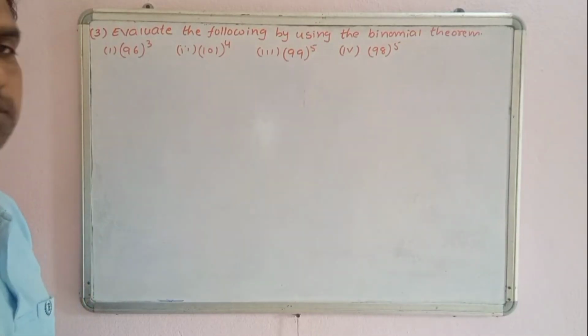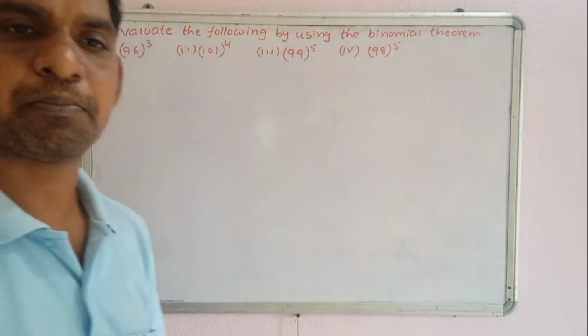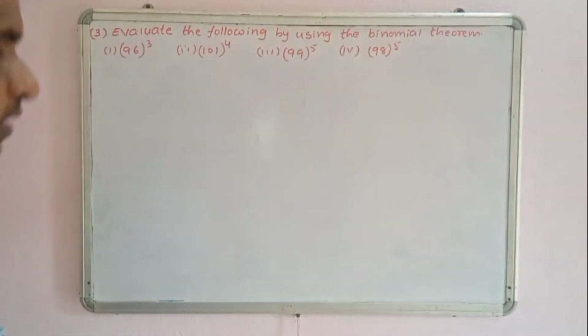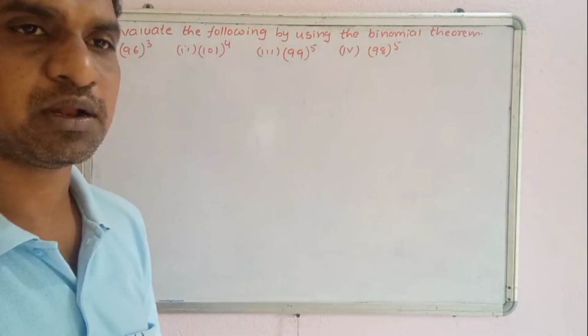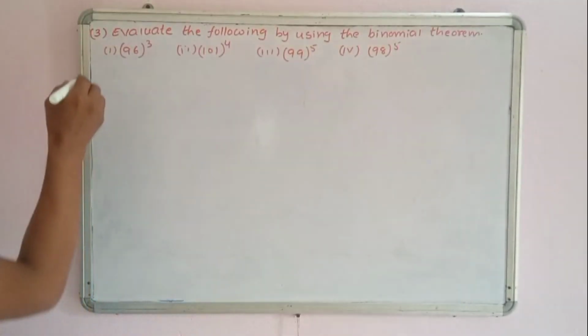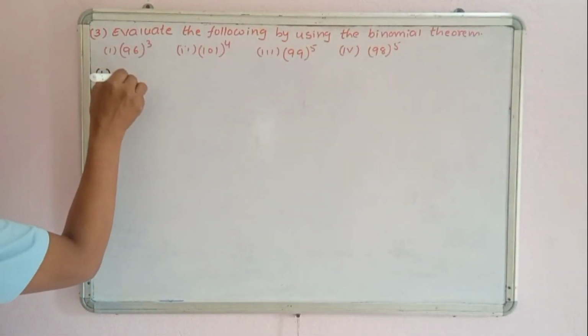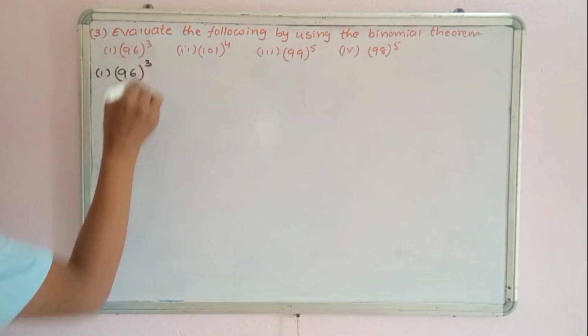Binomial Theorem, exercise 7.1, problem 3. Evaluate the following by using the binomial theorem. See the first one: 96 power 3.